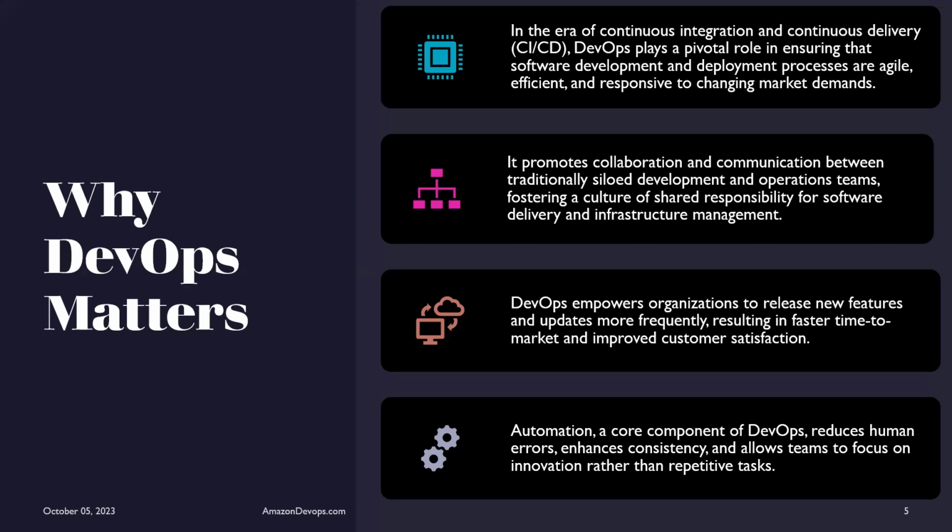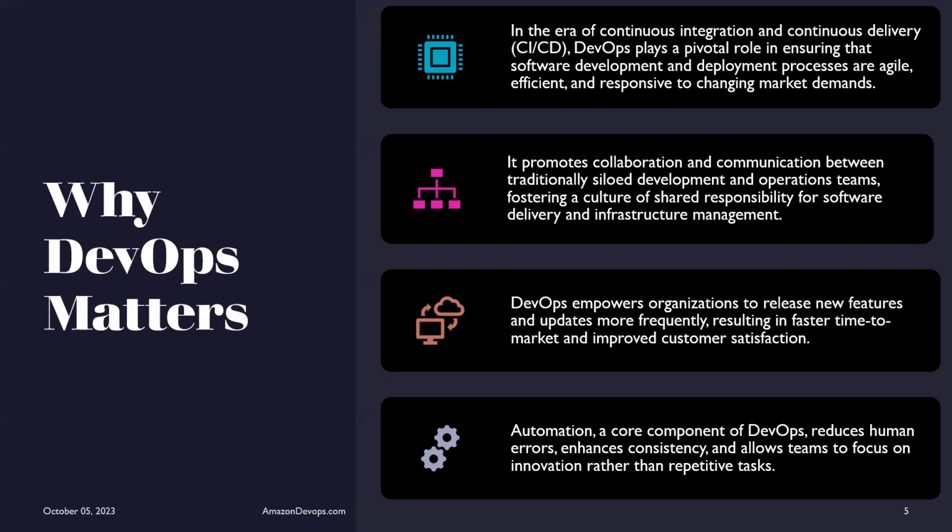Why DevOps matters? Again, this is back to the concept that we covered. This is the era in which continuous integration and continuous delivery, commonly known as CI/CD pipeline, is a very famous concept. DevOps is important because it ensures that the process of delivering the software, not just building and delivering, but also the whole process of deploying the software, is mostly automated.